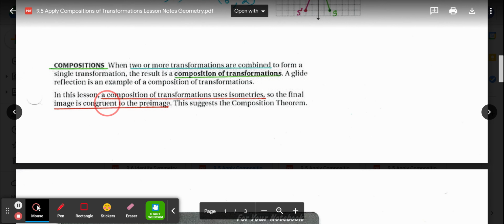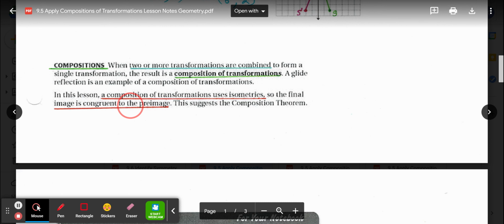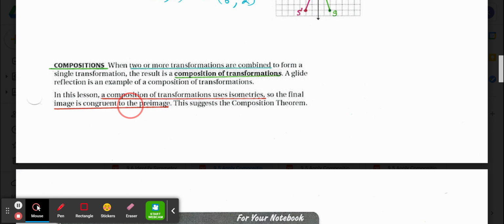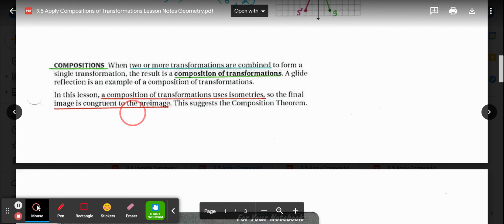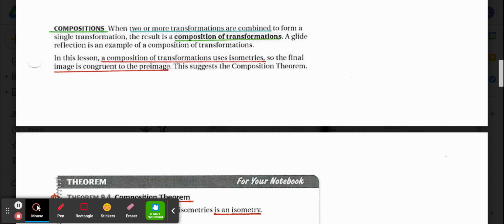In this lesson, composition of transformations only uses isometries, so the final image is congruent to the original preimage. And remember, our isometries include rotations, reflections, and translations or glides.